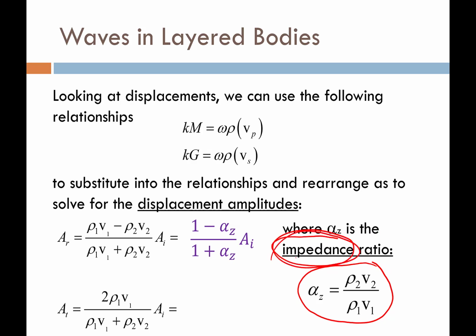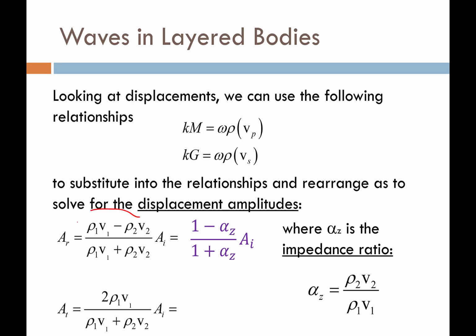Impedance implies a boundary between two different materials, and impedance is the very act of waves transmitting and reflecting. Whenever waves hit a boundary between two materials, they always transmit and reflect. That act of doing that is called impedance. So this ratio of dynamic properties between the two materials at the boundary is called the impedance ratio, and we represent it with this alpha sub z.